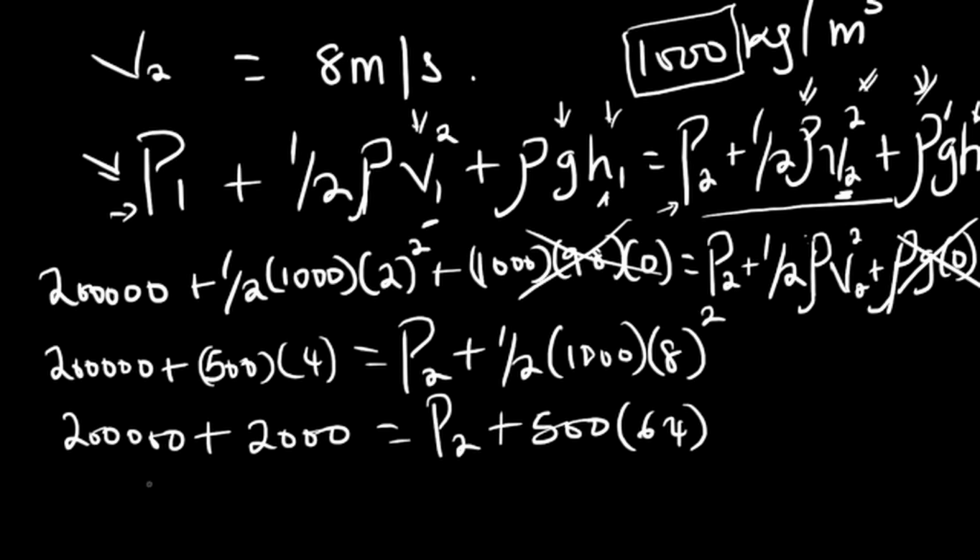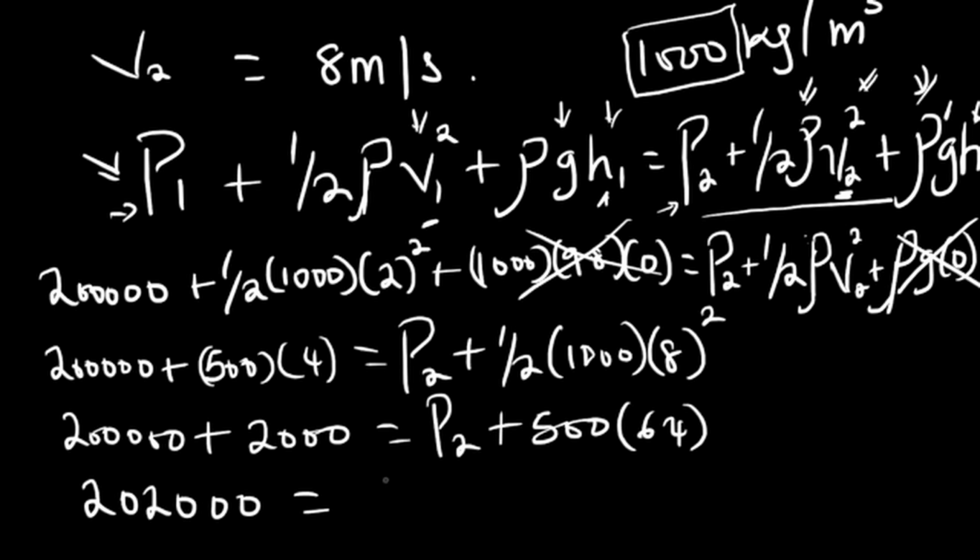That gives us 202,000, which is equal to, so 500 times 64 gives us 32,000.